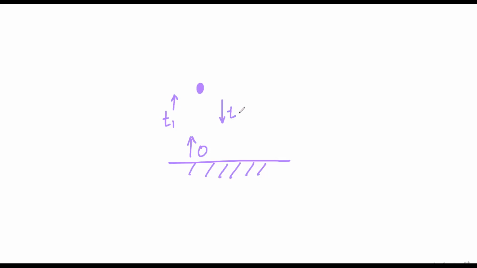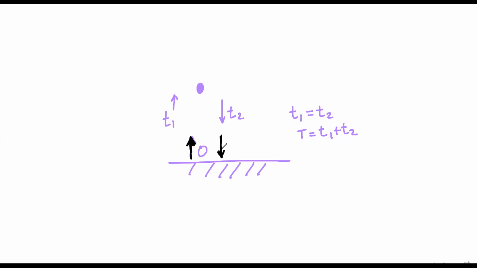Is it making sense? Yeah. So T1 is always equal to T2, and the time of flight is T1 plus T2. Is it making sense? Yeah. The second fact that I will be using is, because I'm neglecting friction, I'll be neglecting all losses. So the velocity at this point would be the same as the velocity at this point. Is it making sense?